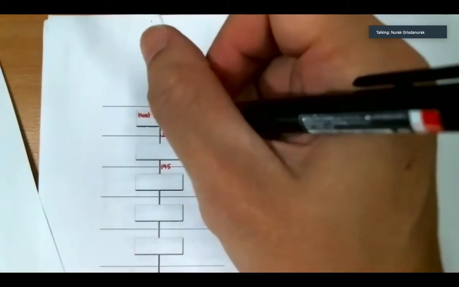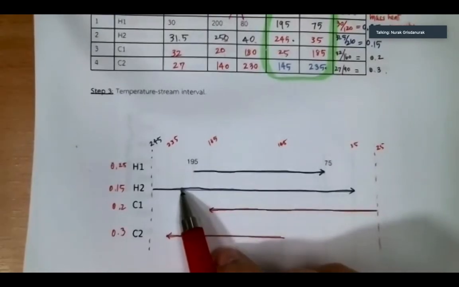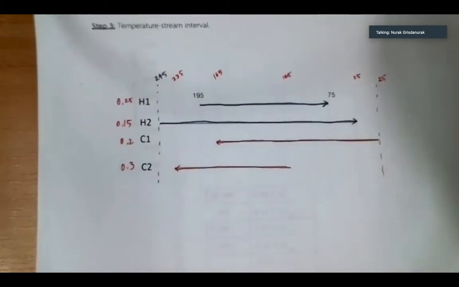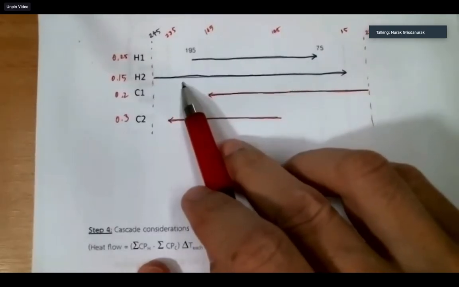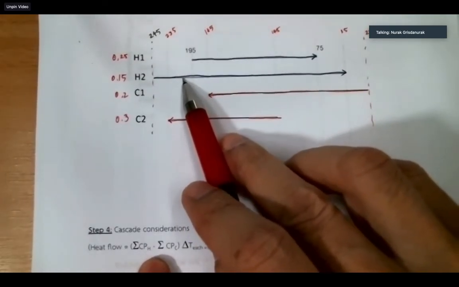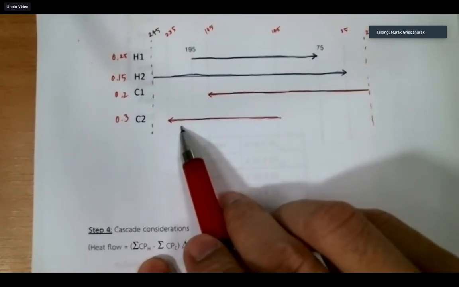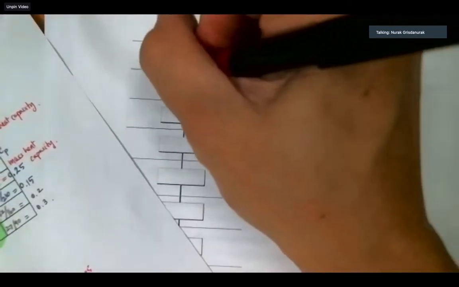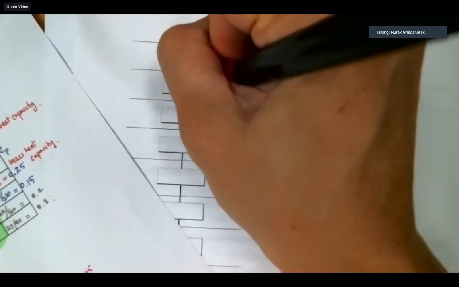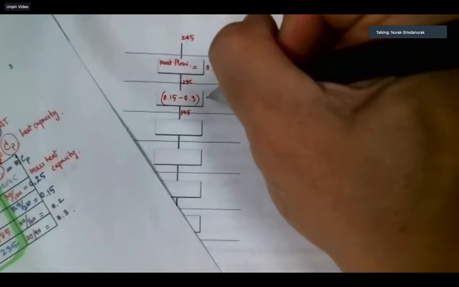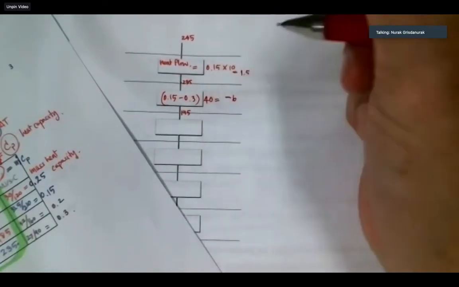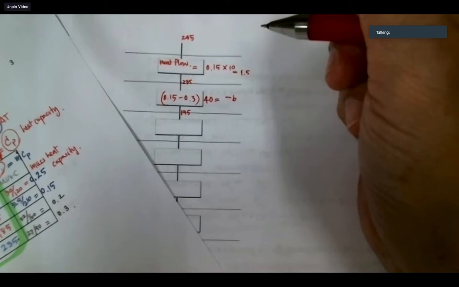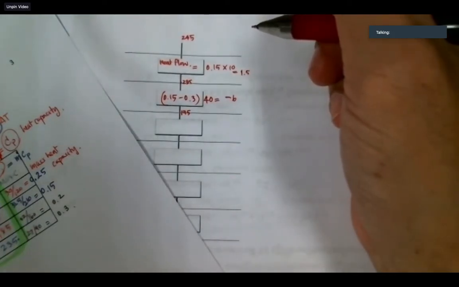Next interval is what? 0.15 and cold 0.3, so I substitute 0.15 minus 0.3 multiply with the temperature difference 40, so I get minus 6. เข้าใจไหมครับ Can you follow the method?